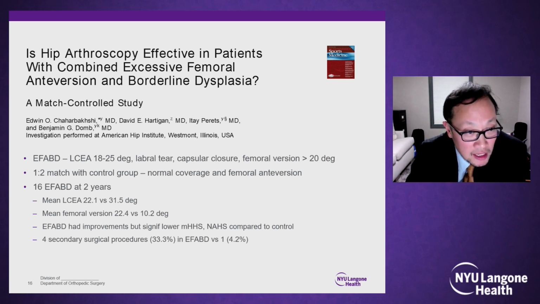We know that dysplasia is not just about a lateral center edge angle, but it also is associated with increased femoral anteversion. This study looked at mild dysplastics with femoral versions greater than 20 degrees, treated arthroscopically. And they found that this group did have success arthroscopically, but they were significantly lower outcome scores compared to the non-overly anteverted group.